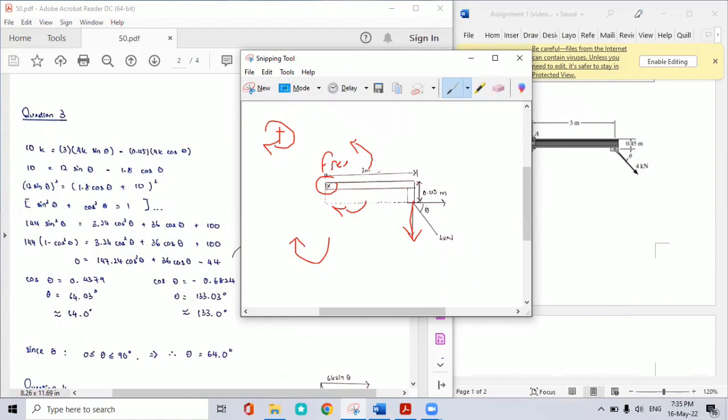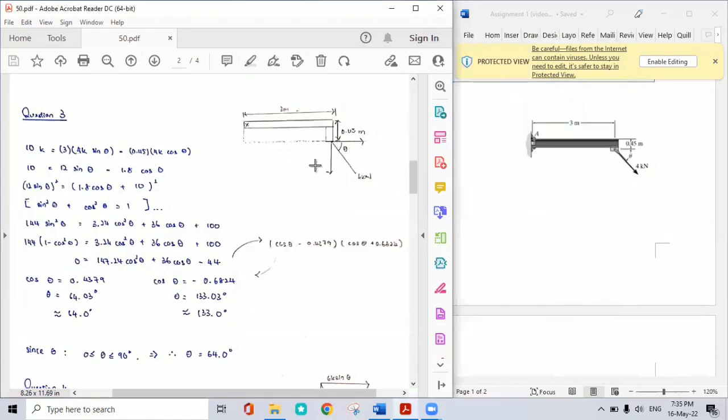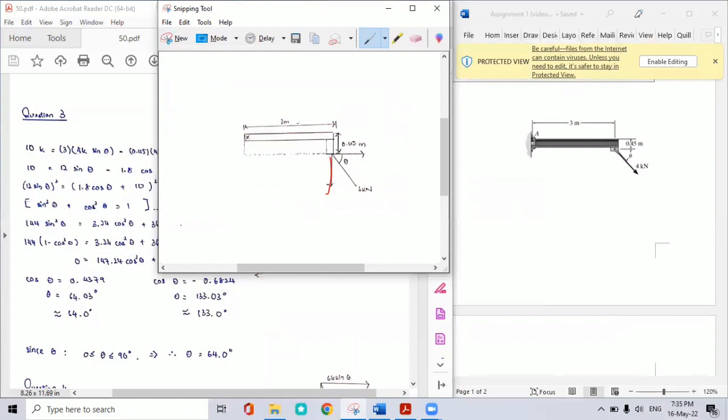If I have another force, the first one has this direction, which is the 3 meter one. If I have a force in this direction, it means I pull this plank, and then this plank will move up here.